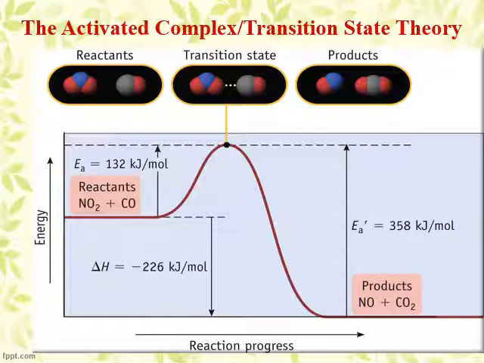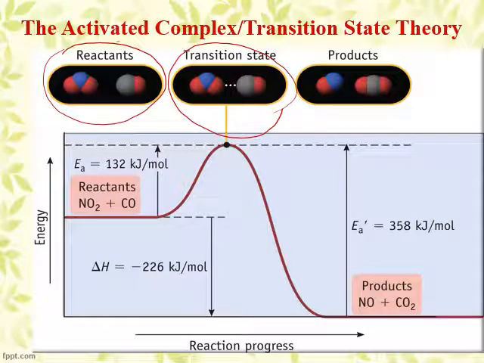This graph here shows the reaction between nitrogen dioxide and carbon monoxide just now. So these are the reactants here, and these are the transition state, and then products form.